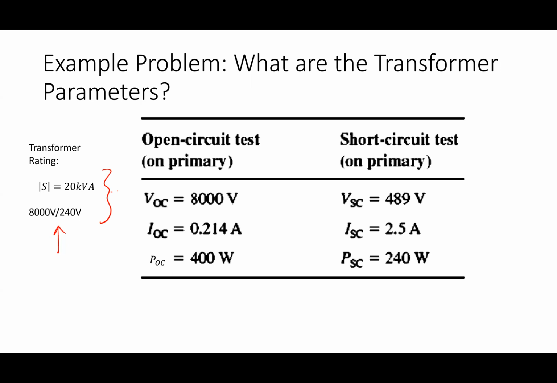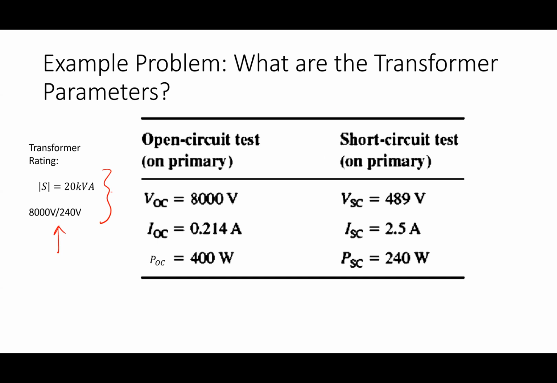It comes with a high voltage side rating and a low voltage side rating. The reason is there are standard voltages that they operate the grid at, and they have to design the insulation to be rated for the right voltages. If they weren't designed for the right voltages, there would be the wrong insulation and things would fail. So that 8,000 volt to 240 volt tells me my turns ratio if I want to use that.